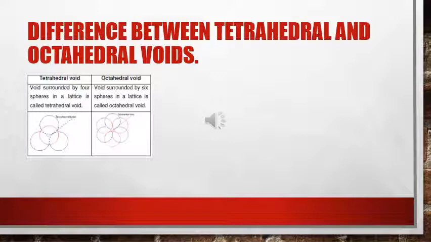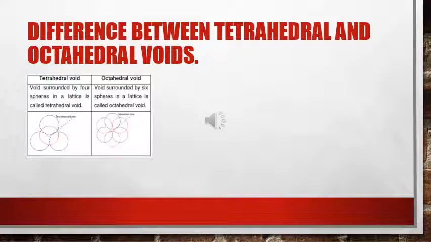Over the gap of the first layer, we have allocated the second layer. So tetrahedral void is surrounded by four spheres. You can write one more point also: the second layer is placed over the void of the first layer, and the coordination number for tetrahedral void is 4. Children, please make a note here itself. Coordination number for tetrahedral void is 4.